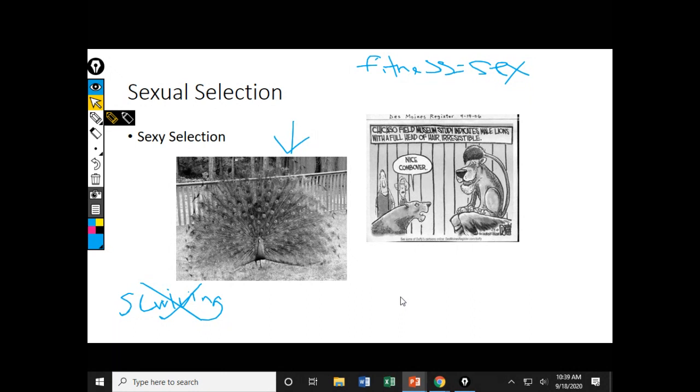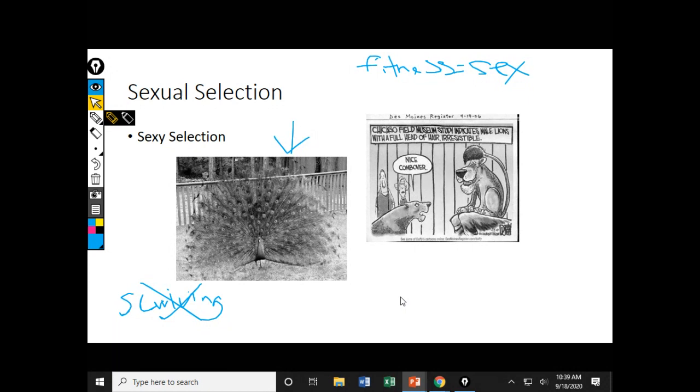So the likelihood of being able to escape a predator is significantly lower for a male than it is for a female. And males that are more likely to attract females, so they're more brightly colored, they have heavier and longer tails, and they scream louder, are more likely to get picked off by a predator.